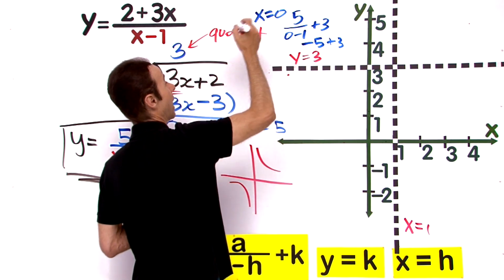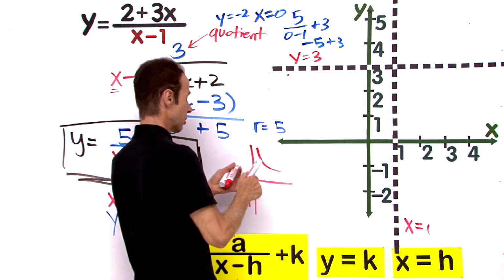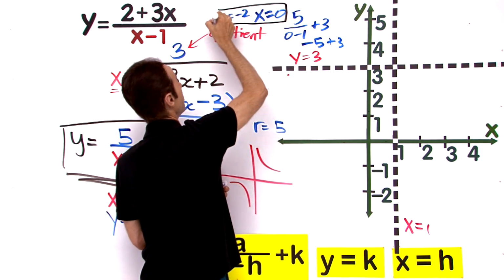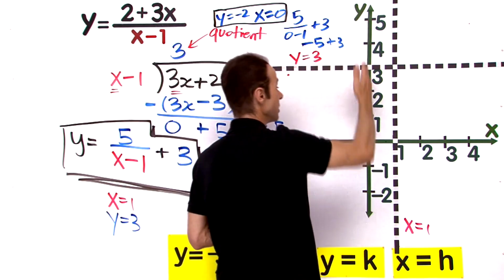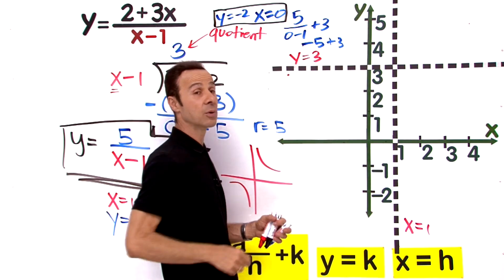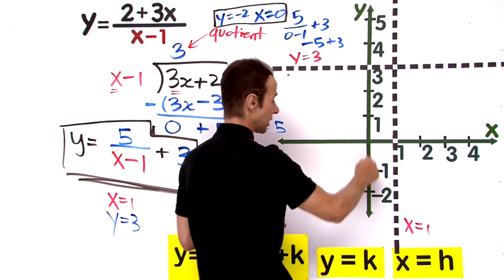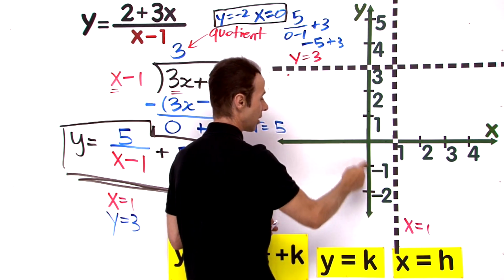That means at x equals 0, y equals negative 2. Let me just put a box on that. There's 1 point. Okay, x equals 0 is the y-axis, and y equals negative 2 is at the point down here. So that's a point, so the curve's going to go like that through there.